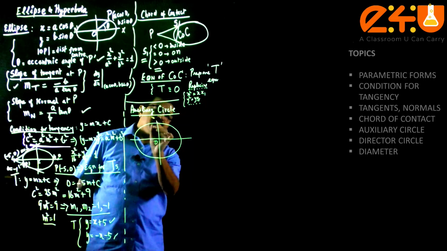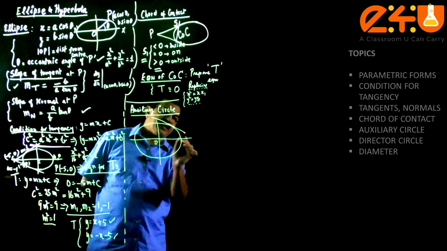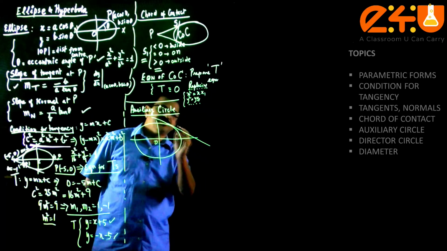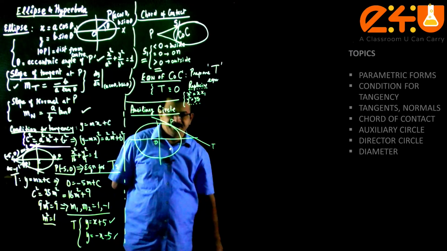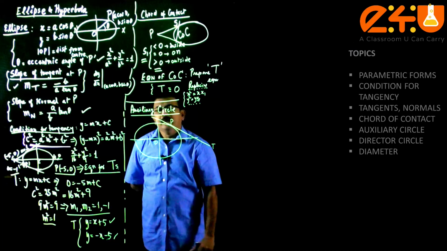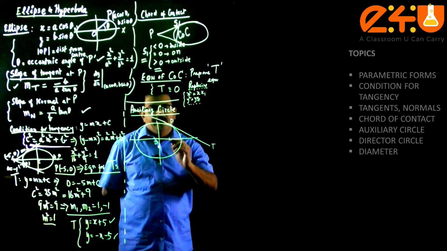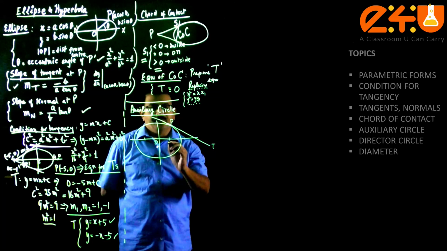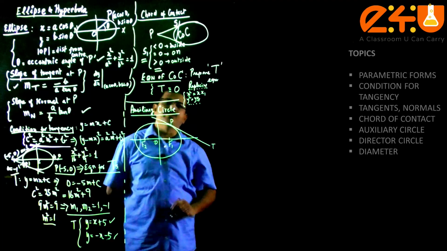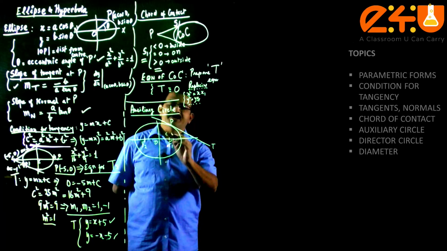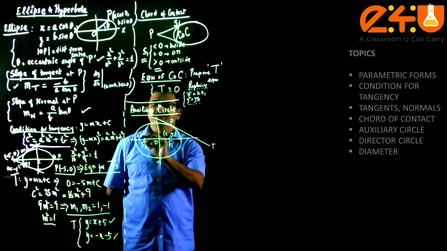Let me focus on one particular tangent to the ellipse, say at point P, and let me call PT the tangent. We all know there are two foci, I call F1, F2, located at c, 0 and negative c, 0.